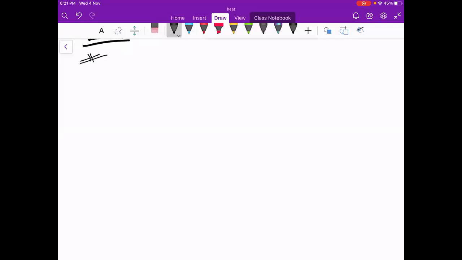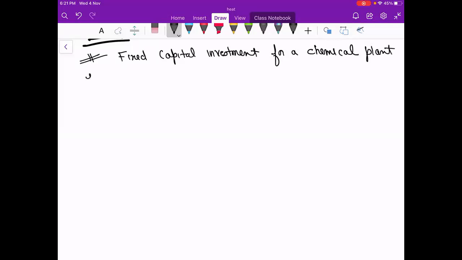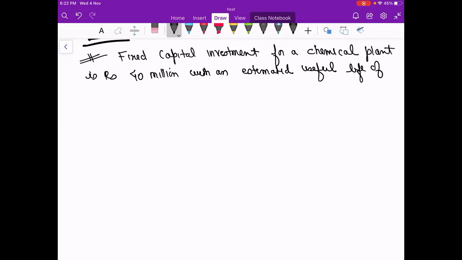The fixed capital investment for a chemical plant is rupees 40 million, with an estimated useful life of 6 years and a salvage value of rupees 4 million.